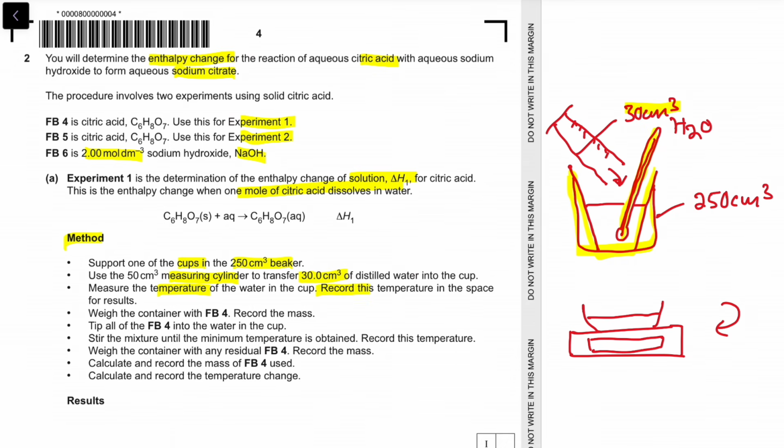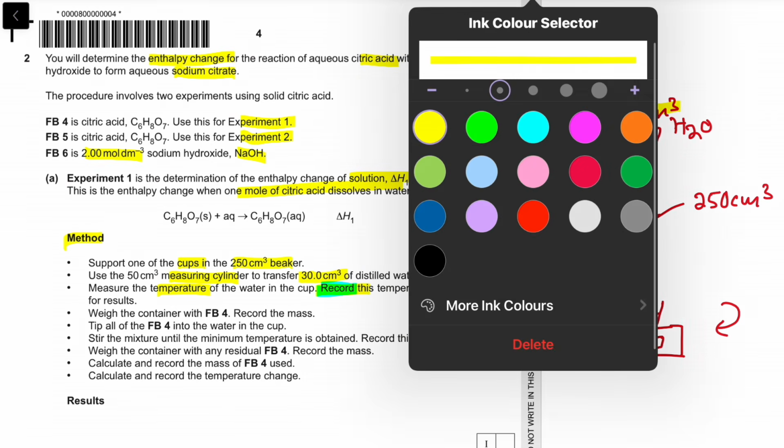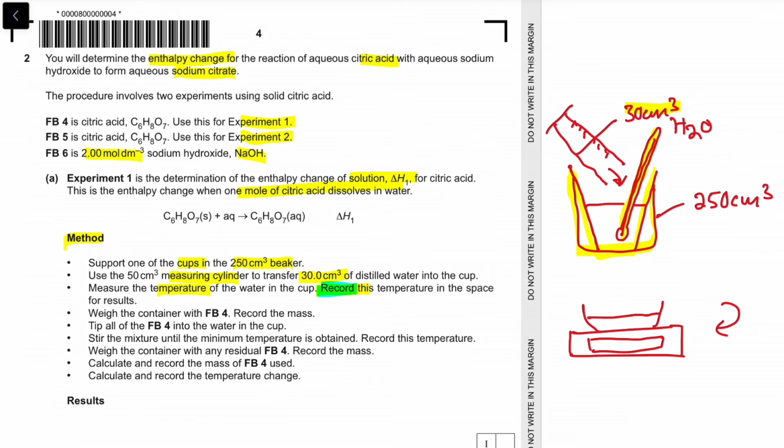And then you're going to record this temperature in the space for results. So I'm going to highlight record in blue. Then we're going to weigh the container with FB4, okay? So the container containing FB4, our citric acid, we're going to weigh it. And then we're going to tip all of this into the cup.